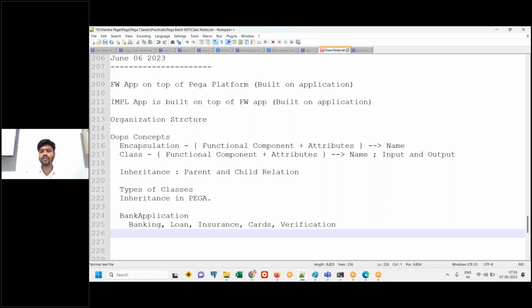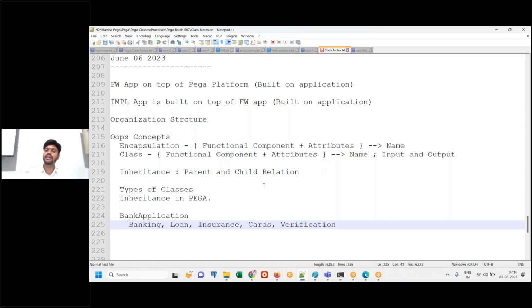So this can be a need in reality, right? That means communication, accessing something from other departments, is required. The same way, in technology also, there will be a need for a class to access the functional components from another class. I'm talking about a very general point of view.